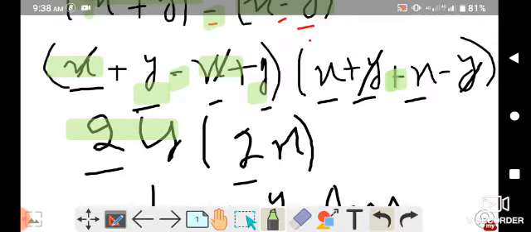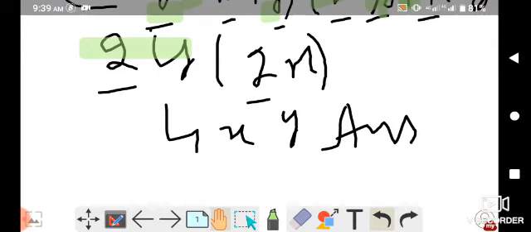Now in the second bracket, see this x is positive and this x is positive, so we will add, we can't cut. One x of this and one x of this is 2x. This y is positive and this y is negative, so we cut them, because they have different signs. So in the last step there is 2y and 2x remaining.